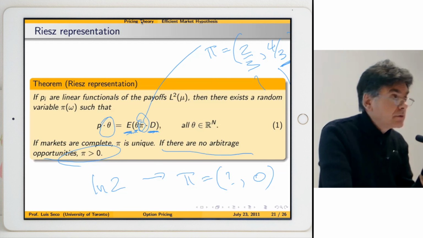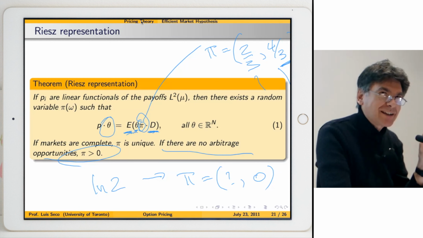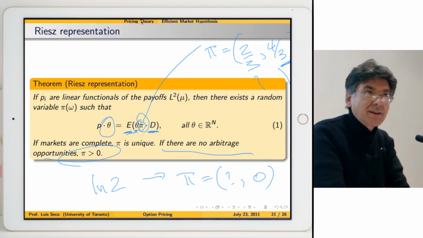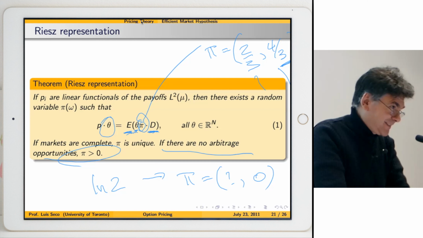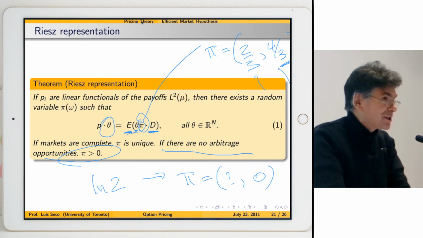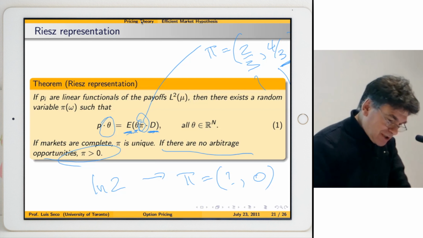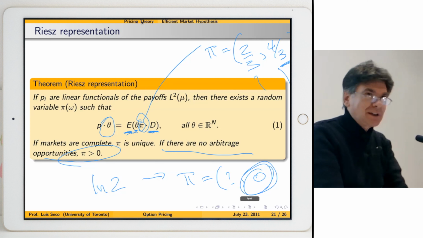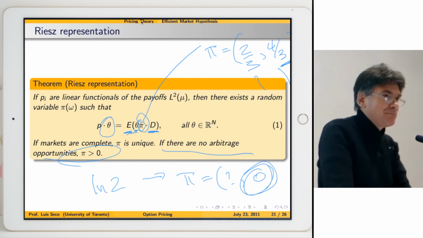If it goes down, I have 25 cents and I keep it. So when interest rates are 25%, I have an arbitrage opportunity. And it actually shows up here, but that is 0.